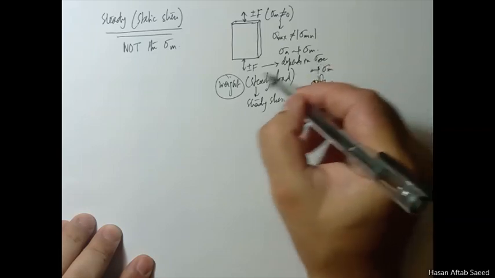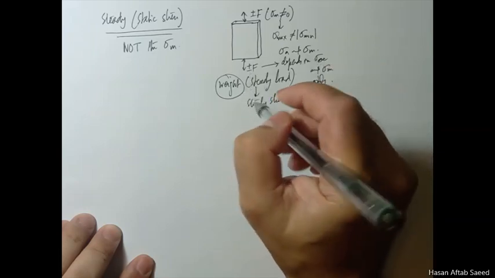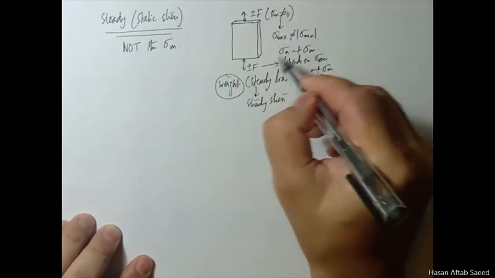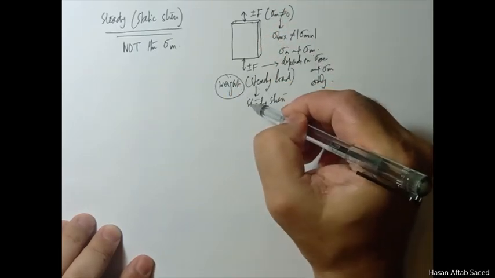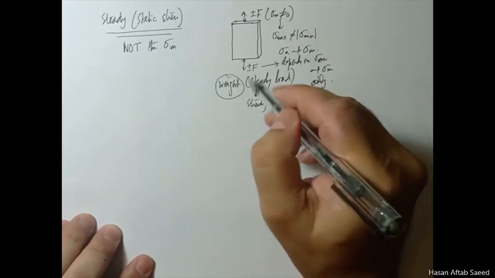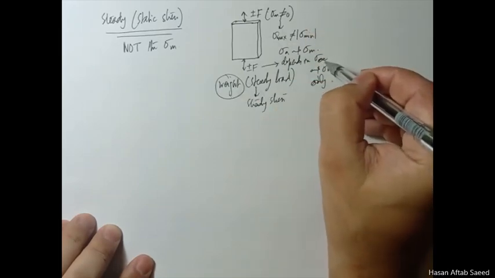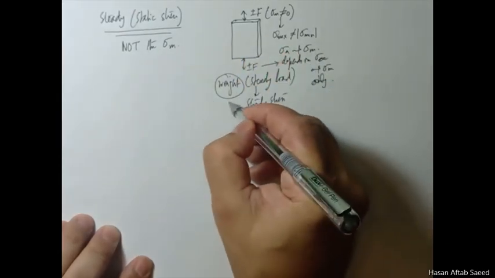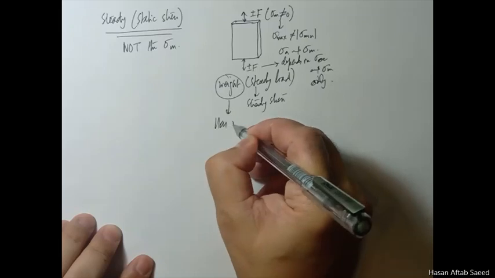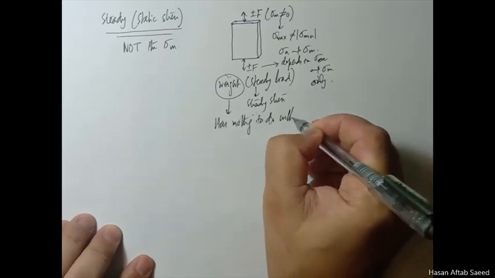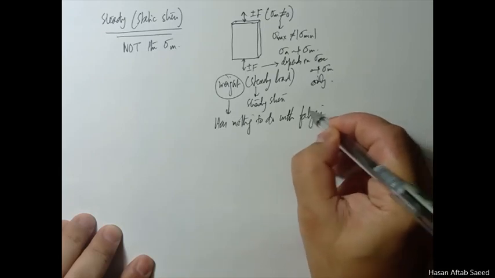This weight has nothing whatsoever to do with fatigue. This combination causes fatigue. The weight is just a steady load that is applied once, that's all. So this is called a steady load. It is not sigma m, obviously it is not sigma a. So this weight has nothing to do with fatigue.